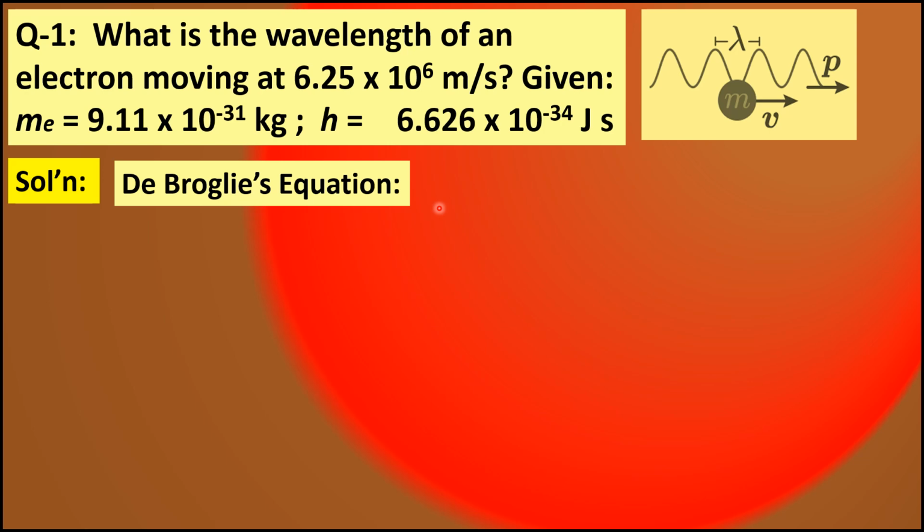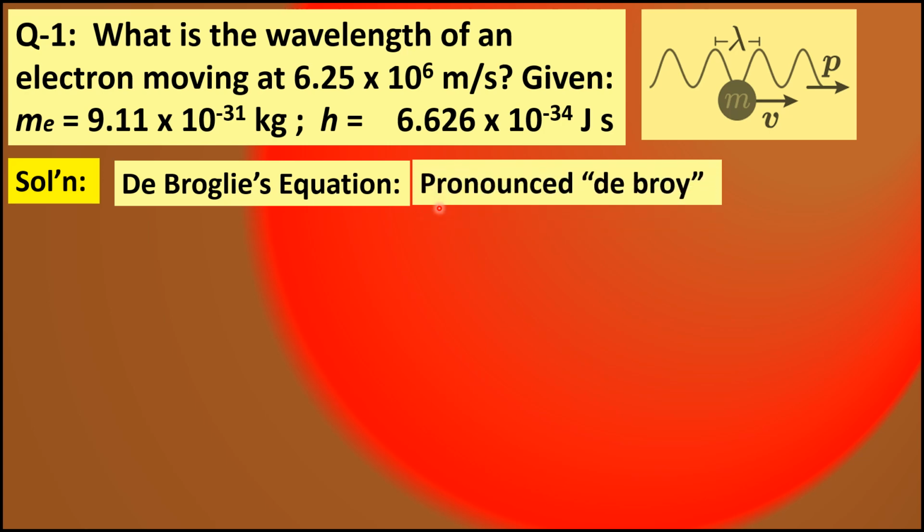By the way, Louis Victor's surname is pronounced de Broglie. So de Broglie's wavelength lambda is determined simply by dividing Planck's constant by the product of its mass and its non-relativistic velocity or speed, which is also the momentum of the particle.